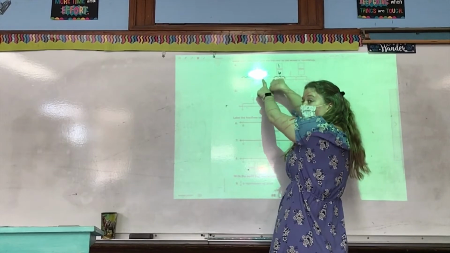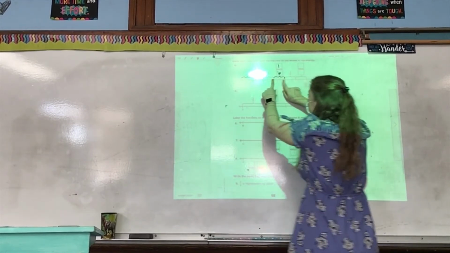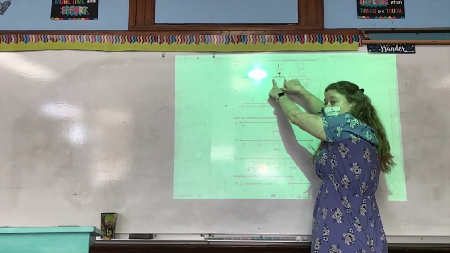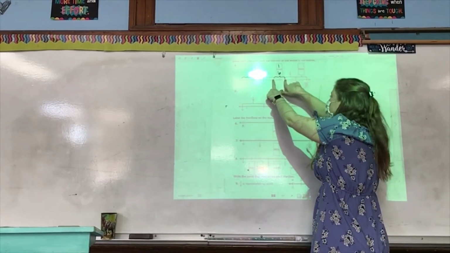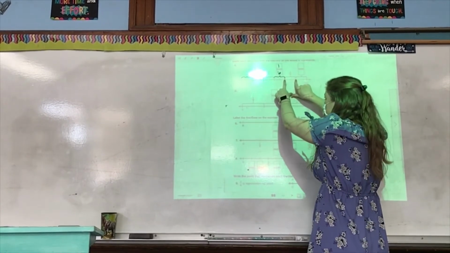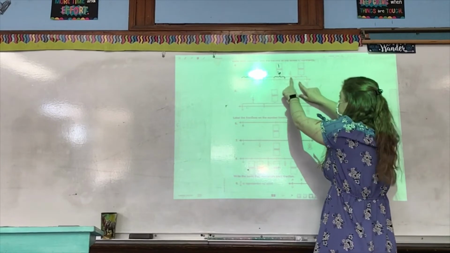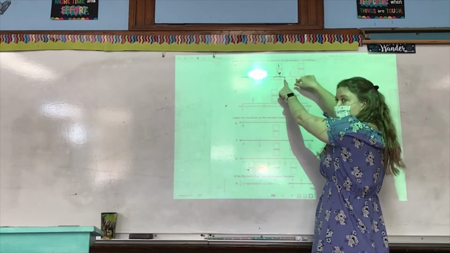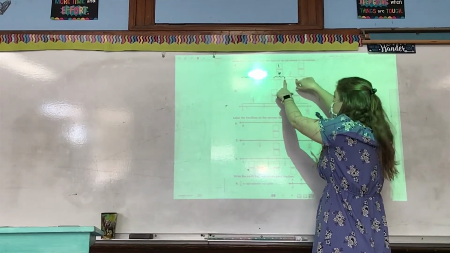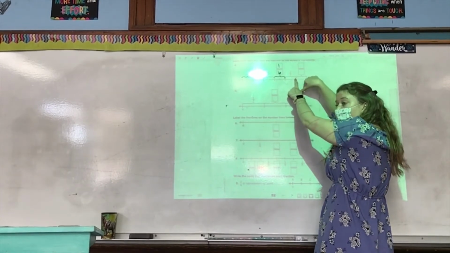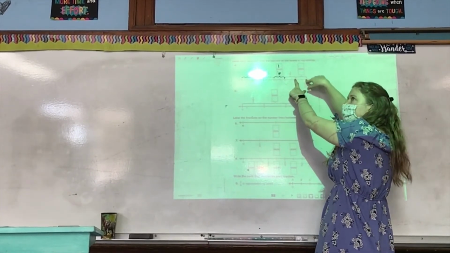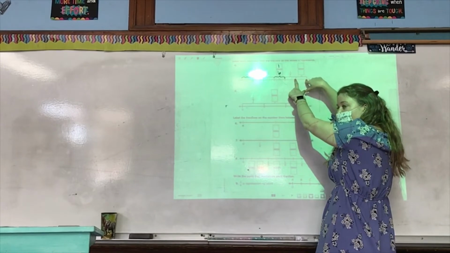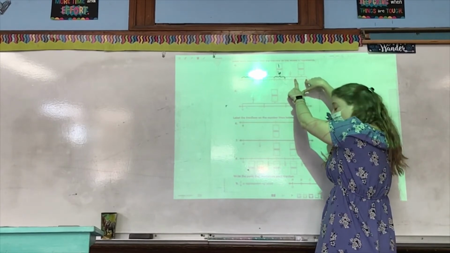Between the 3rd and the 4th tick mark, I have 1/6. Between the 5th and the 6th tick mark, Zari told me I had 1/6. So between the 6th and the 7th tick mark, I have, Kingston, 1/6.